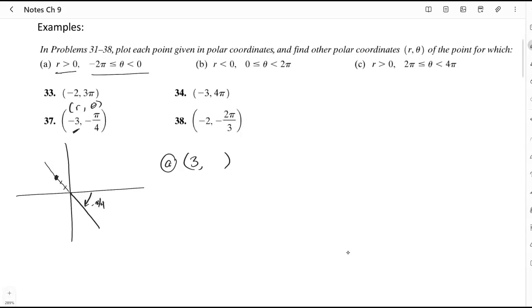Right now we're at negative pi over 4. If r is positive, we need to move along the terminal side. So we would actually need this angle right here. So it's going to be negative pi over 4, and then we're going to move another 180 degrees in the negative direction, or a negative pi. So that's going to be negative 5 pi over 4.